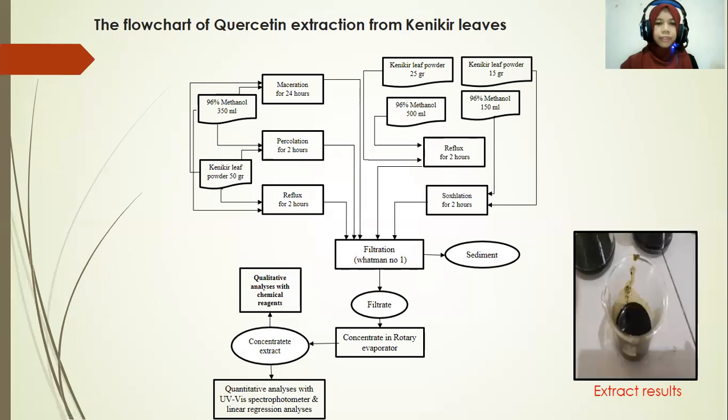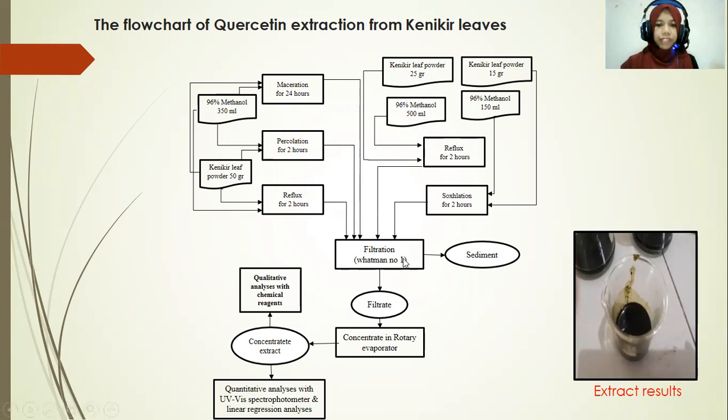This is the flowchart of quercetin extraction from KENIKIR leaf. There are several methods like maceration, percolation, and reflux. We use the ratio 1:7, and then different ratios to find the highest quercetin from the extract.